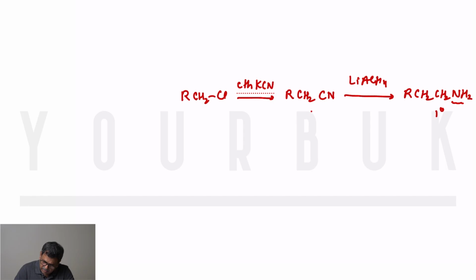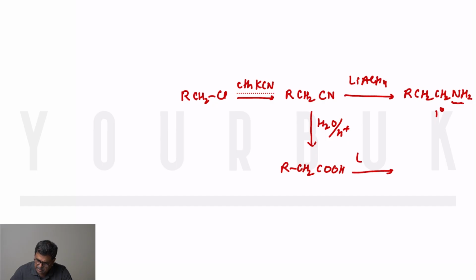But I can also hydrolyze CN by using dilute sulfuric acid into carboxylic acid. So the CN group can be changed into carboxylic acid, which can be reduced with LiAlH4 to give alcohol. This is loss of oxygen and gain of hydrogen.